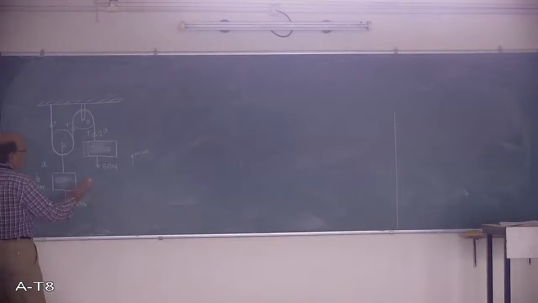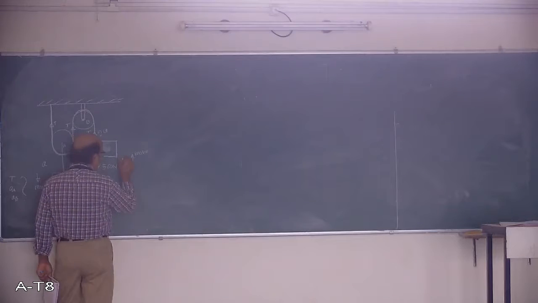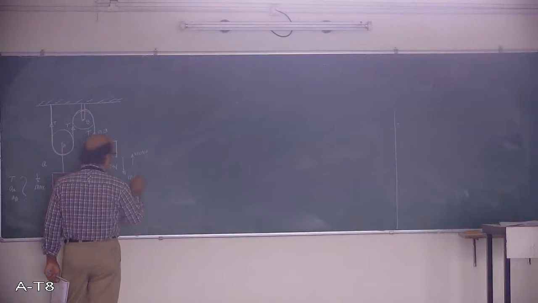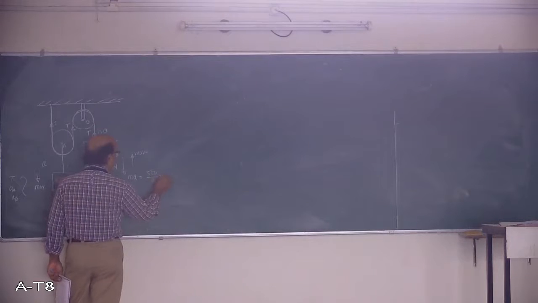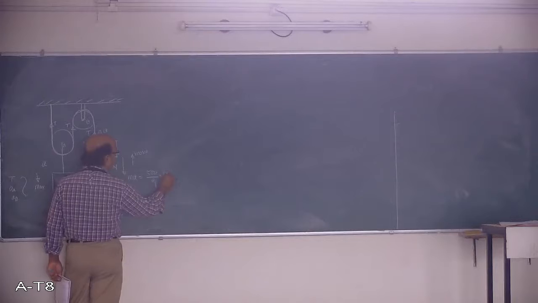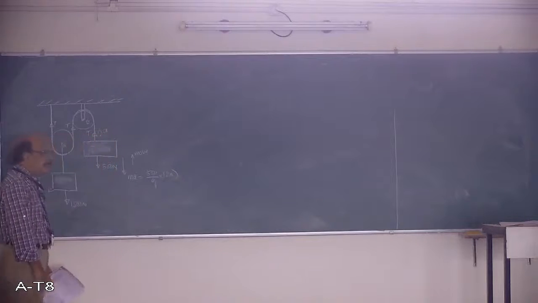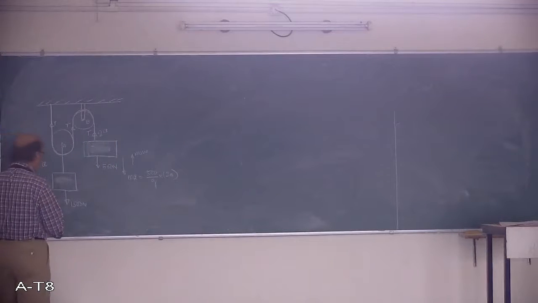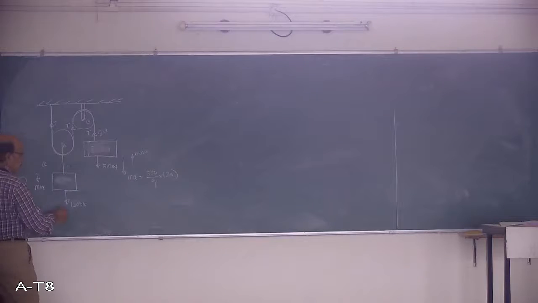Since it is moving upward, the inertia force will act downward: MA, M is 500 Newton by g, into 2A. And in this direction, as the block is moving downwards, the inertia force will act in the opposite direction, MA, so that is 1500 Newton by g into A, acceleration.